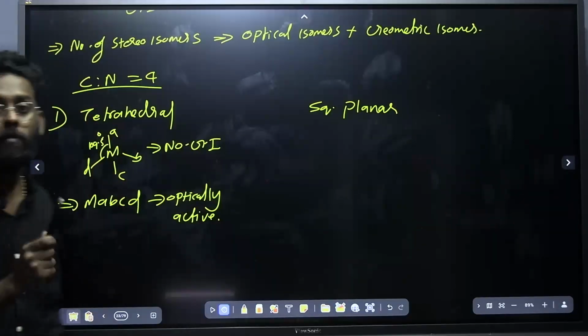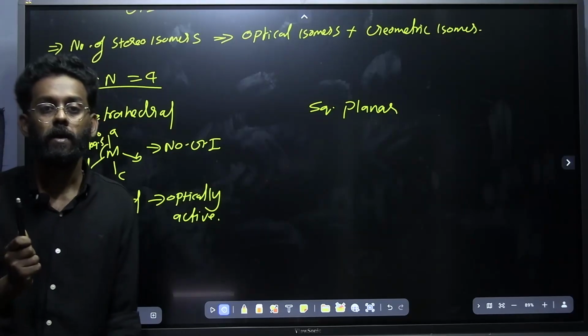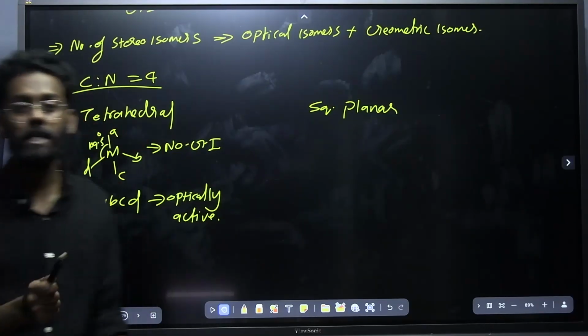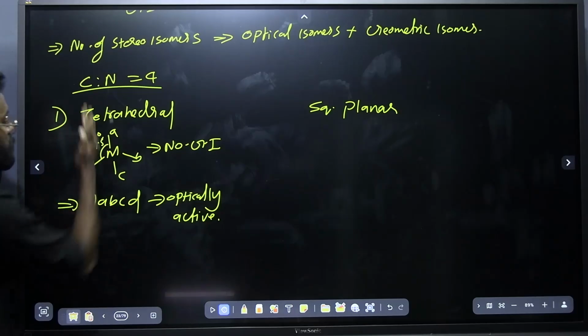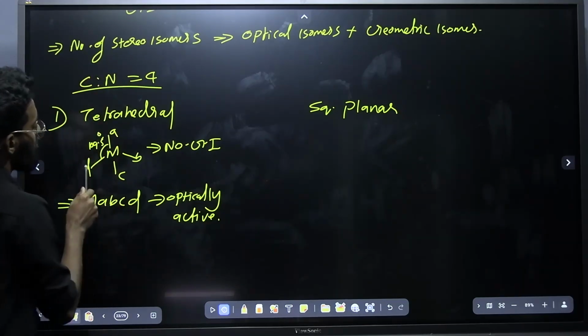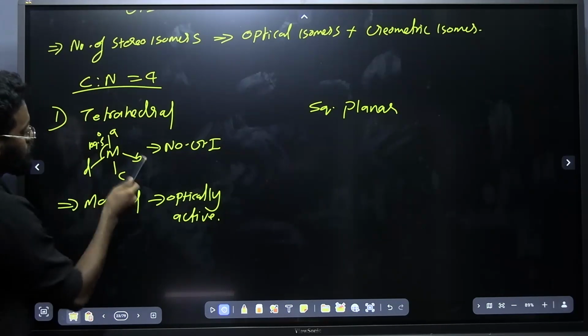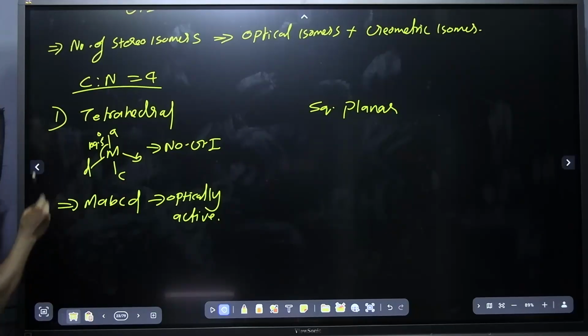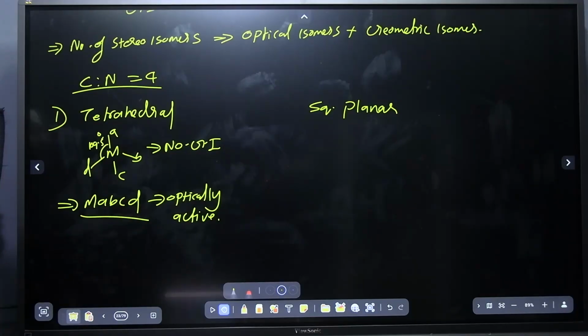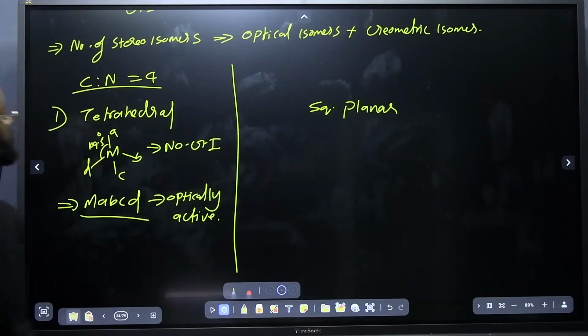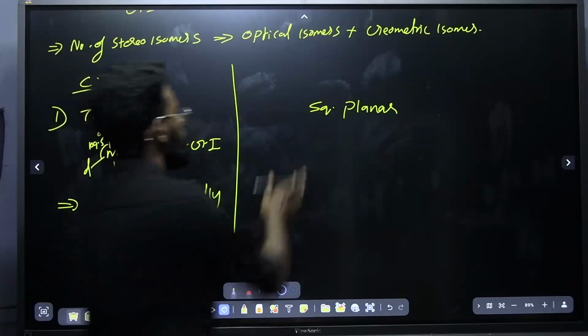How can we say whether a compound is optically active or inactive? If there is no plane of symmetry, it is optically active. If there is a plane of symmetry, it is optically inactive. Here we can see the MABCD type of complex. If I cut along these two axes, I will get two different parts in which there is no plane of symmetry. So the MABCD type complex is optically active. Yes, coordination number 4 with tetrahedral is over. Now for square planar.